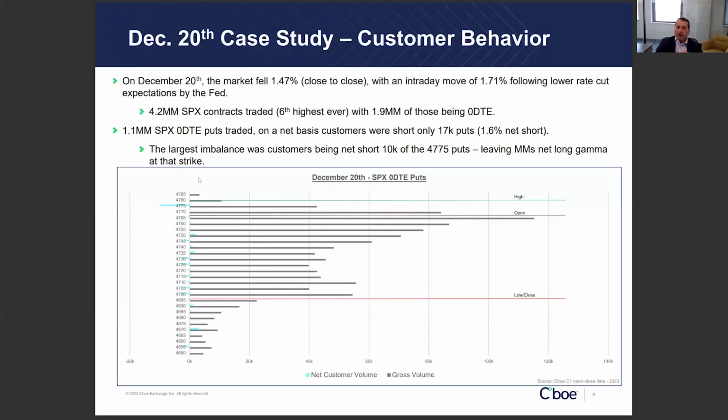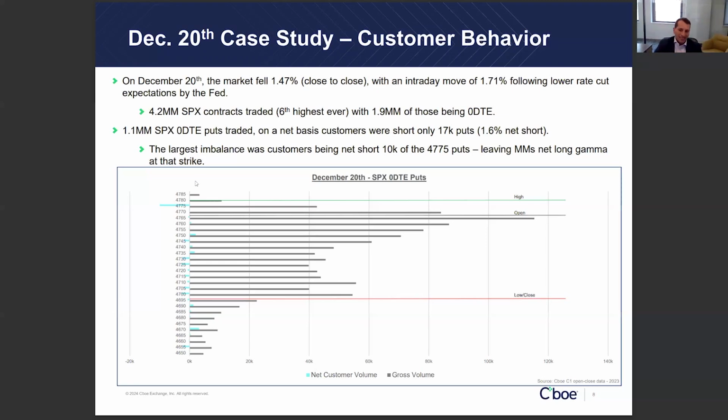One thing, in this one, it probably goes a little bit past beginner level, but I think it's instructive, because there are some narratives out there that positions are highly concentrated. But we actually have an example from last December 20th, where the market fell 1.5%, with an intraday move of slightly over that at 1.7% following lower rate cut expectations.